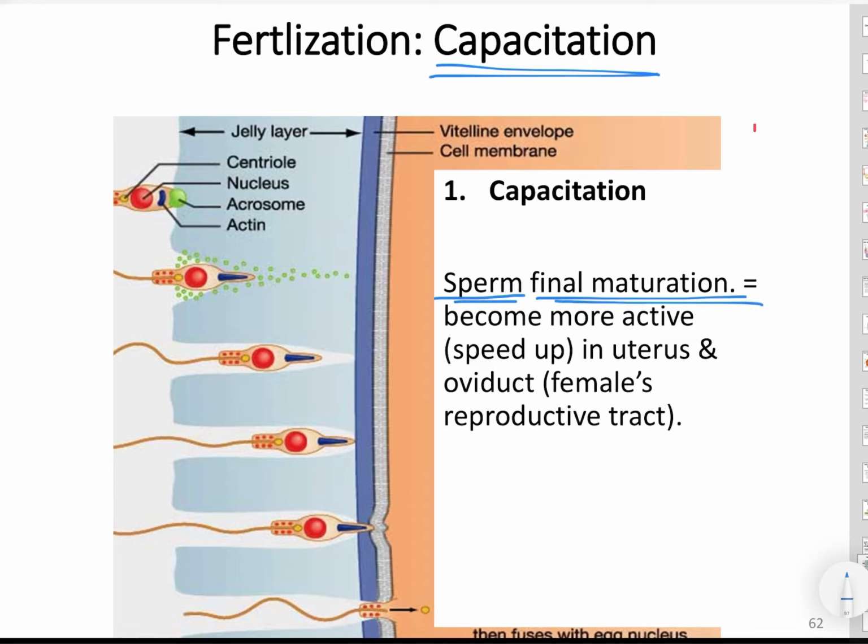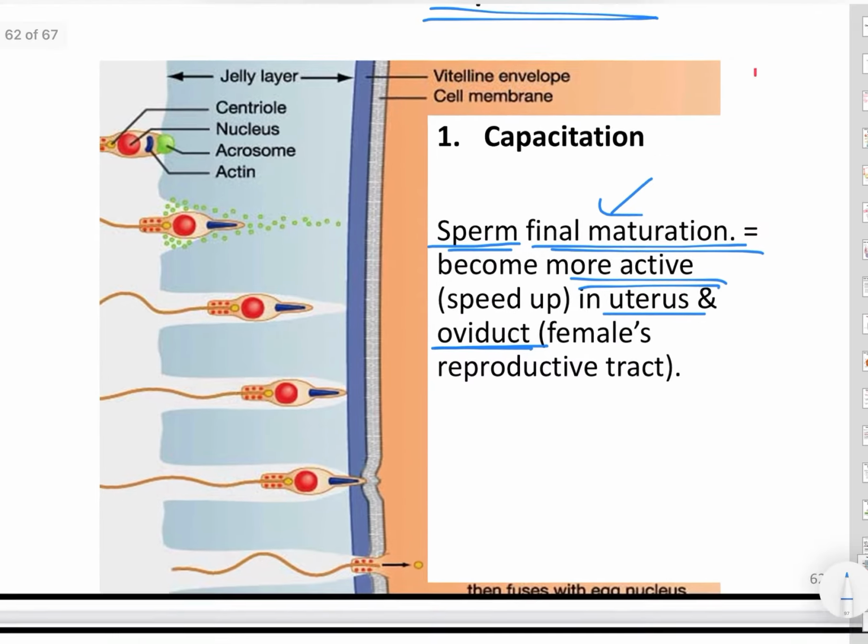Once the sperm is inside the vagina of the female reproductive system, it will pass through to the uterus and then the oviduct, or the fallopian tube, and the sperm will reach its final maturation and become more active. Why? Because the sperm is supplied with the mucus inside the female reproductive system to increase its speed towards the secondary oocyte. So that is the first stage.